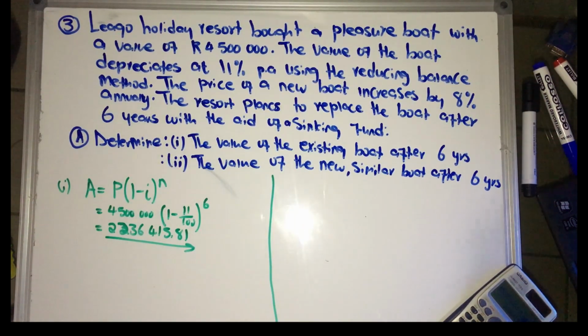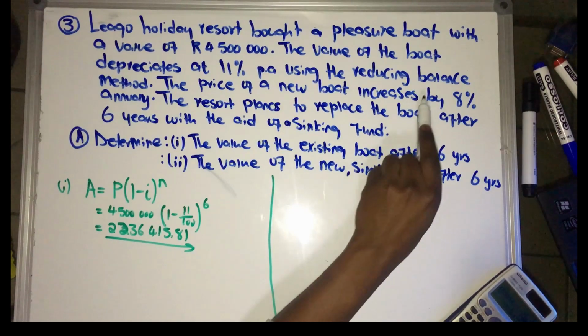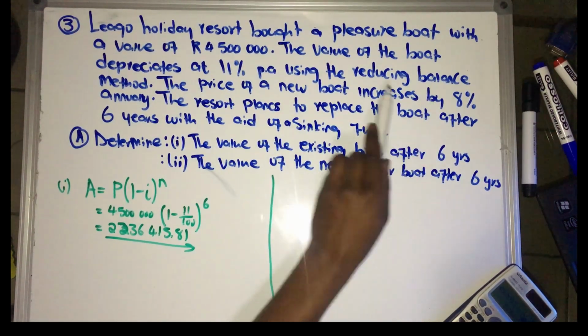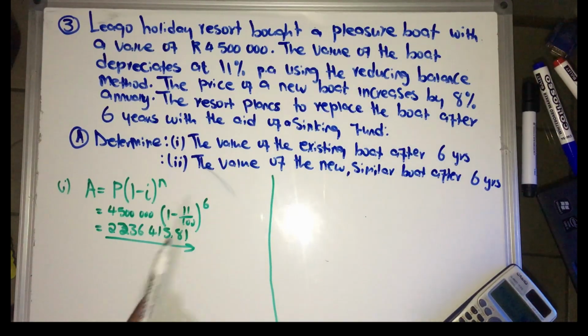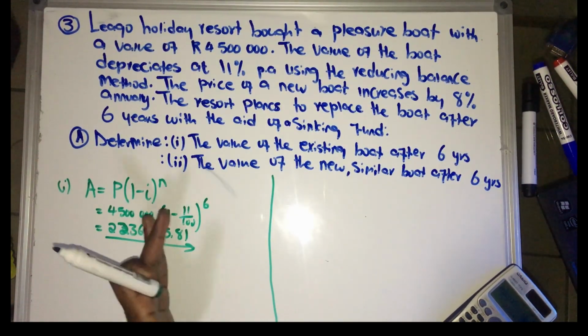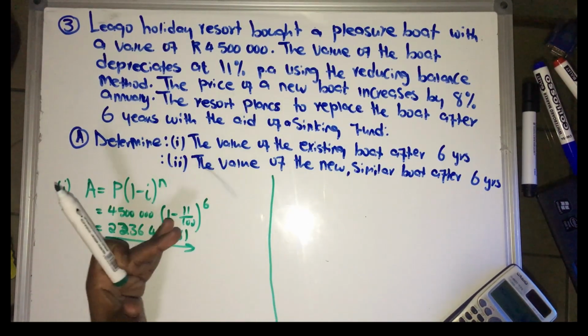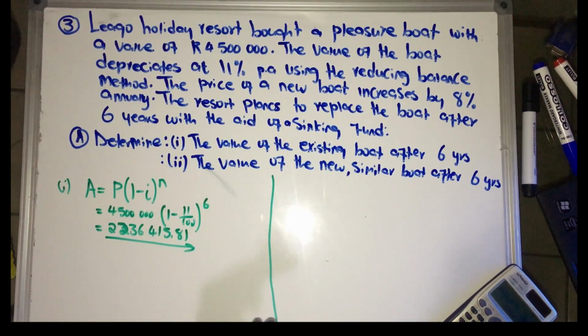So the second part, they're asking determine the value of the new similar boat after 6 years, and then we're told that the price of a new boat increases 8% annually. It doesn't care what happens. Every single year it increases annually by 8%. What does that make us think of? Simple interest. So this is simple interest.